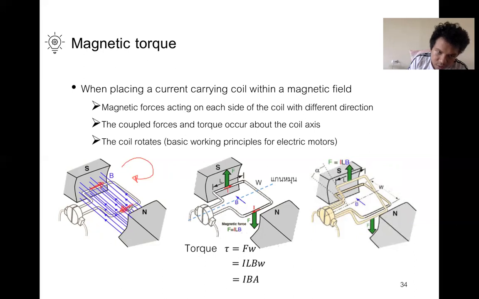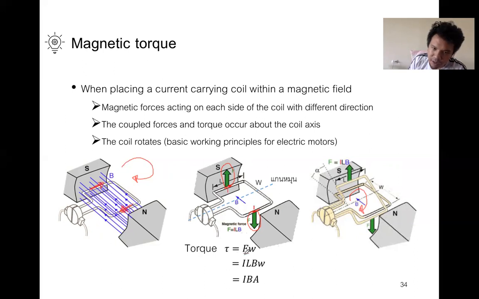According to the right-hand rule, it will generate a magnetic force in the upper direction on the left and lower direction on the right, and the couple force will rotate the coil in this direction. Then we have the formula to find the torque.